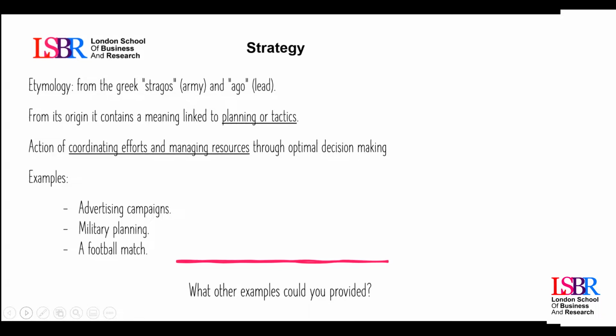Another concept of a strategy is coordinating efforts and managing resources. It is to question what my resources are, and how I can create a plan in which the elements that I have can work efficiently.